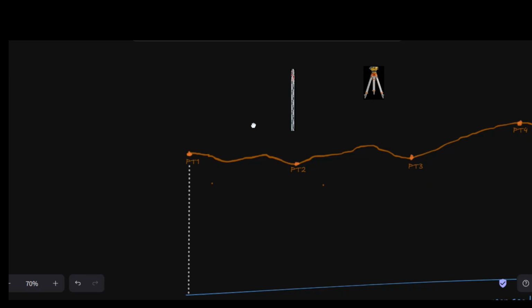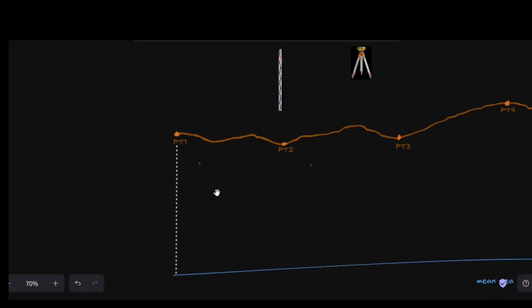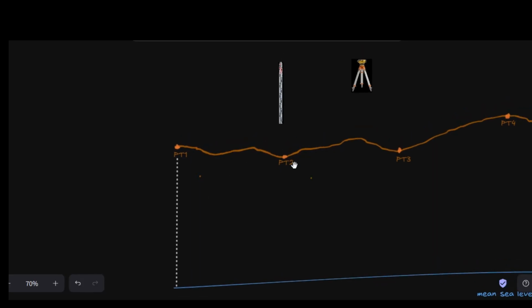Because I'm assuming I already know the reduced level of point 1, I will assume that point 1 is a benchmark. To determine the position of point 2, I must already have found another point which I know is a benchmark, and I also know its elevation or reduced level.